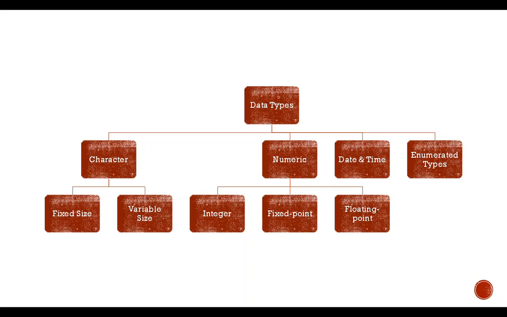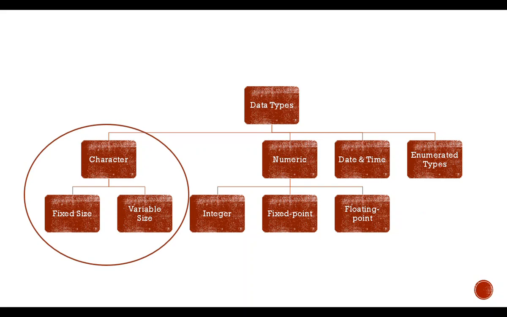We're going to look at the main data types that we need to know for SQL. There are always more interesting corners, but this will cover the basic stuff that we really need most of the time. We're going to look at character data types, then numeric ones, then date and time, and then some special enumerated types. These are all very useful, so let's first look at the character-based types.